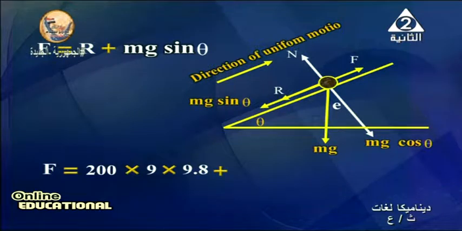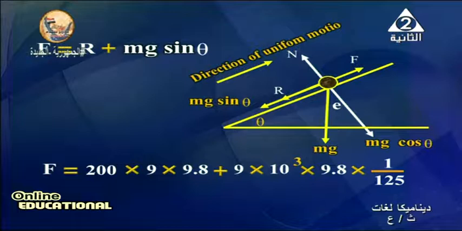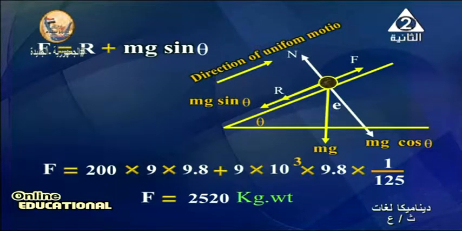Then the resistance now in Newton units plus mg sine theta: 9 tons times 1000, in kilograms, times g, 9.8 meter per second squared, times 1 over 125. Then the force equals 2520 kilogram weight.